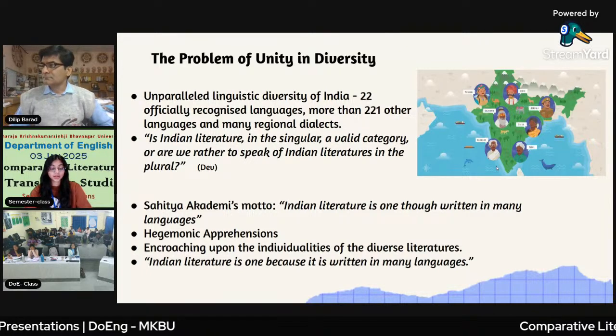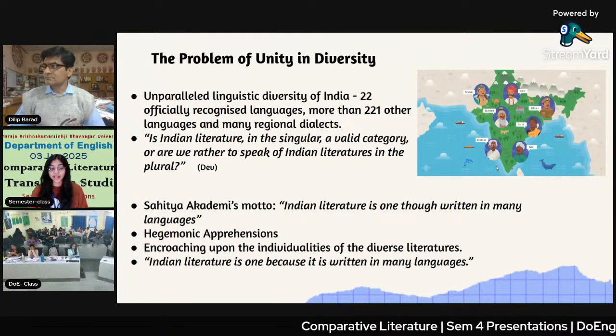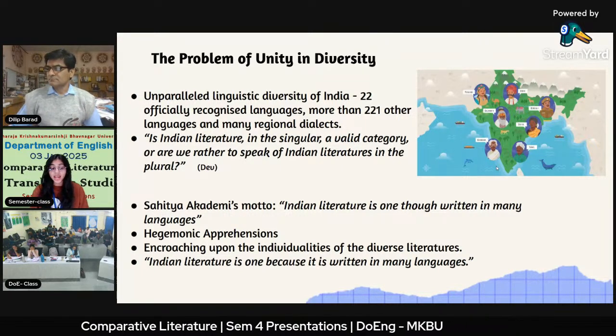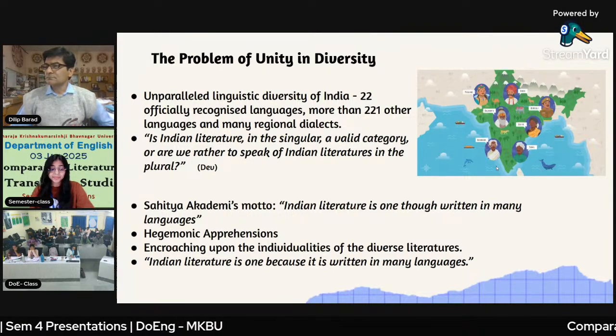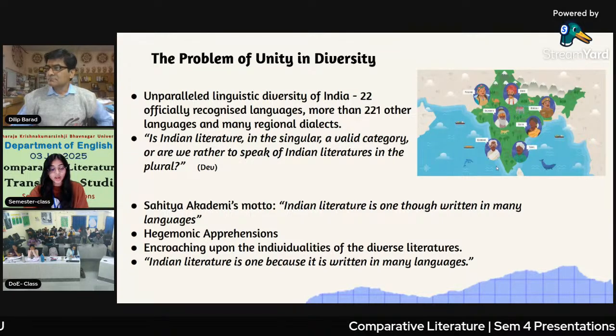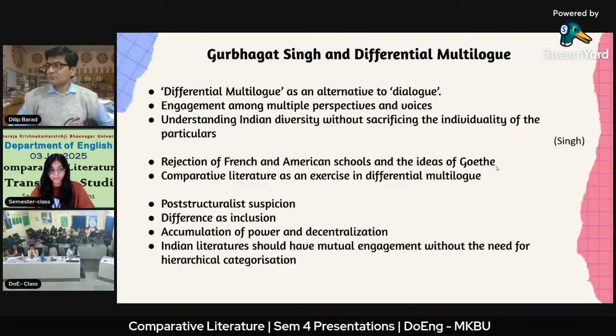As Amiya Dev says, there are hegemonic apprehensions that dominant languages, for example Sanskrit or Hindi, might overshadow other languages and encroach upon the individualities of diverse literatures. Because of this, Amiya Dev gives a retort to Sahitya Akademi's motto: Indian literature is one because it is written in many languages.